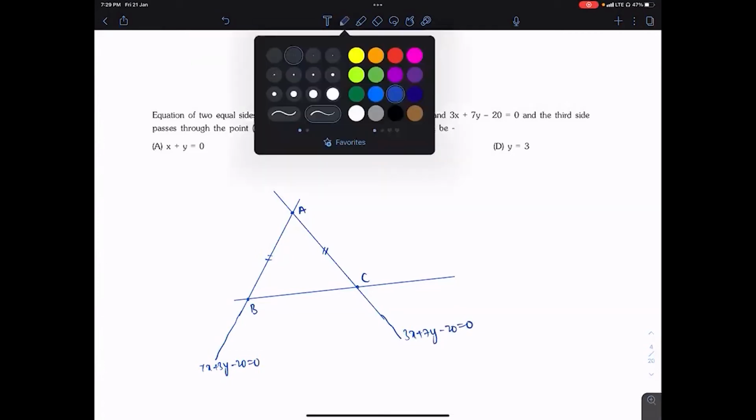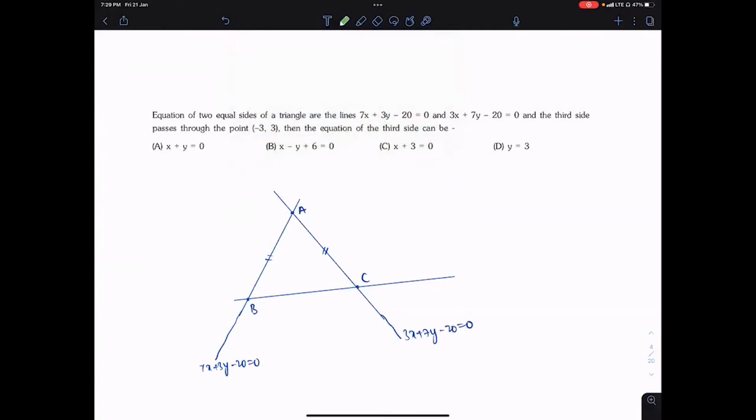They are saying the third side passes through, see, I have drawn the third side, but it is not given. What is given is that the third side passes through (minus 3, 3). Then the equation of the third side can be, that is what they are asking.